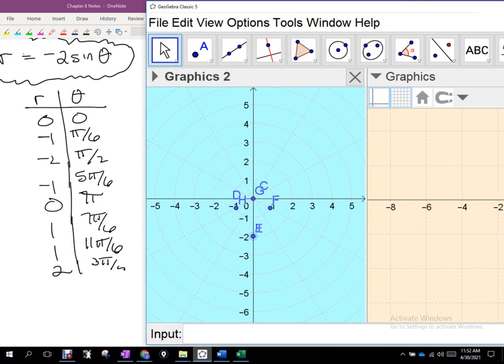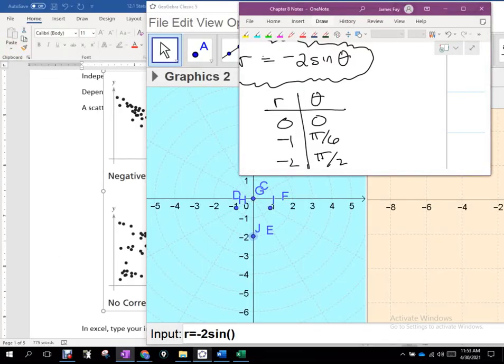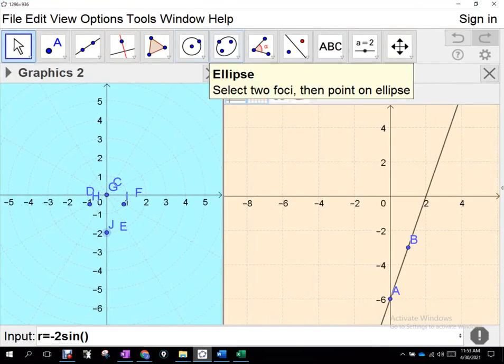I mean, they're a bunch of repeats, though. If we were going to use the pi over 3 and pi over 4 values for theta, we would get more values in between and more points. And what we end up with, if I were to graph this, I'm going to say r equals negative 2 sine theta.